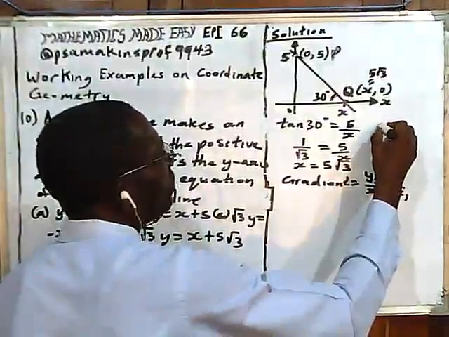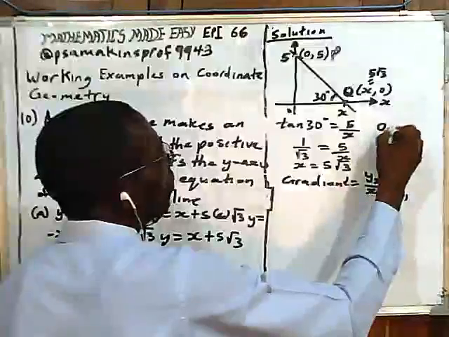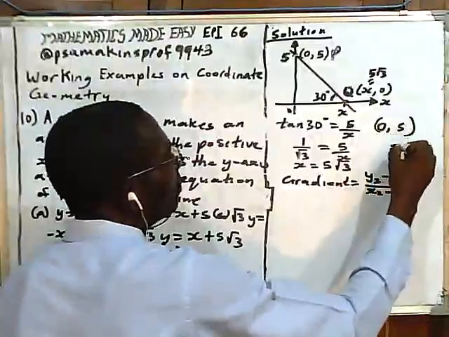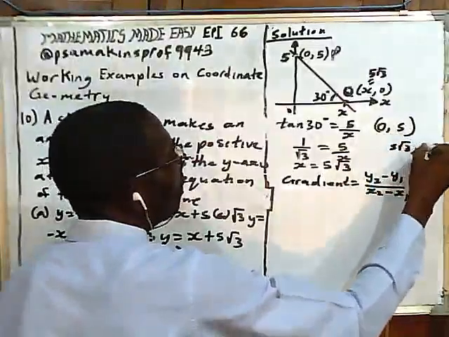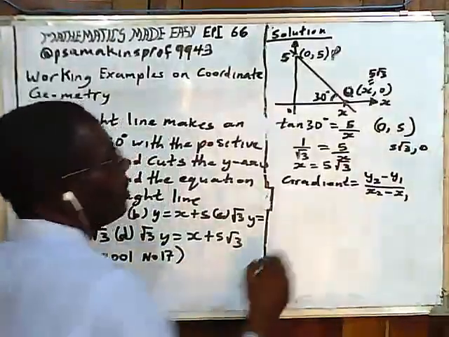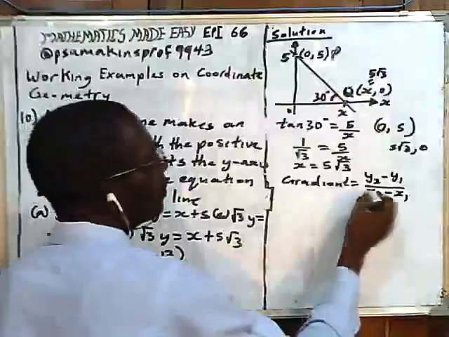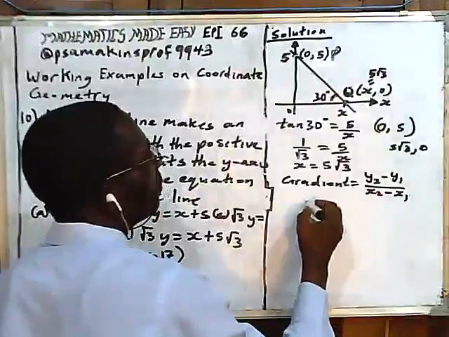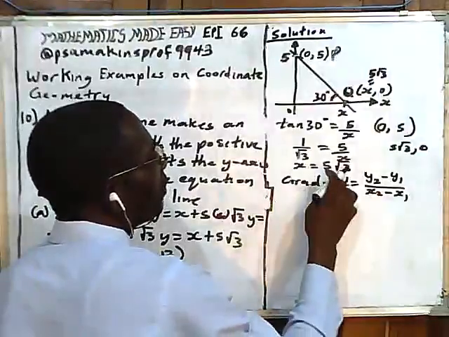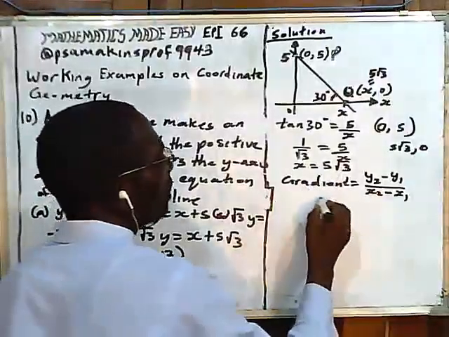This will be 0, 5 and 5 root 3, 0. If that is the case, we say the gradient m, where we have already gotten our x to be 5 root 3.